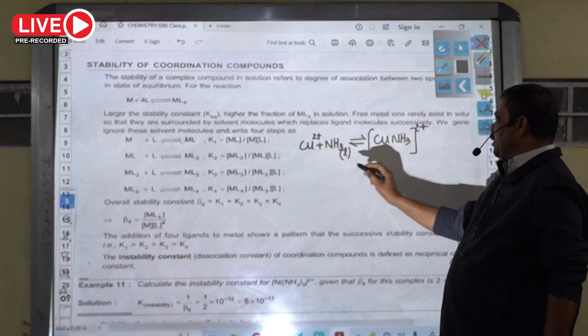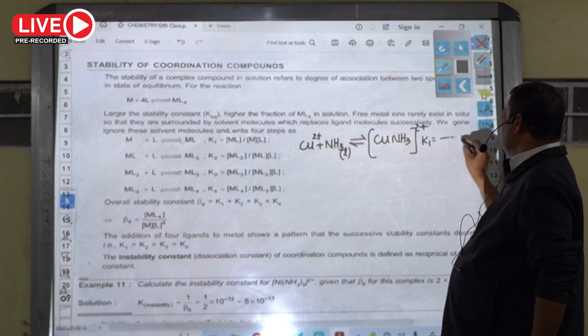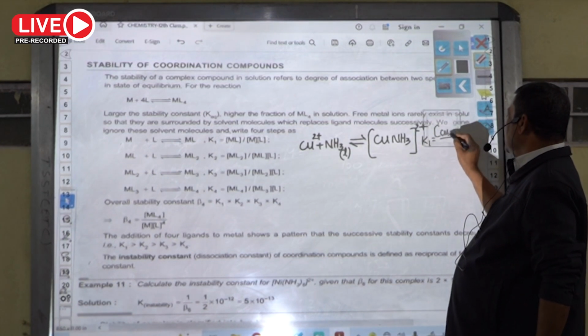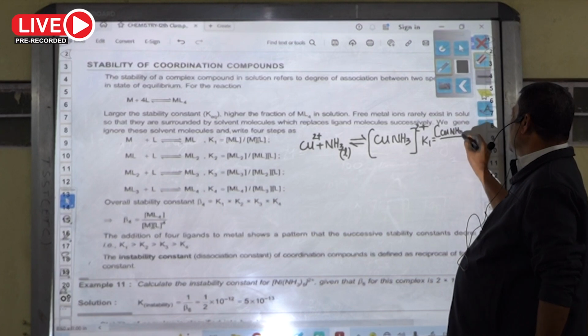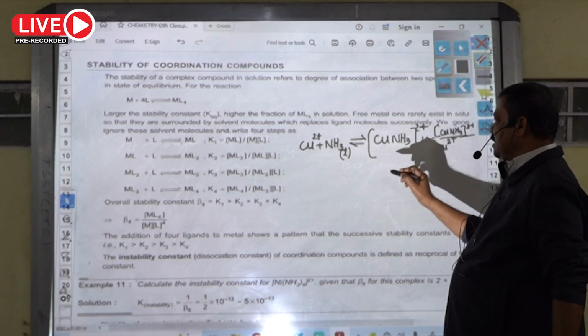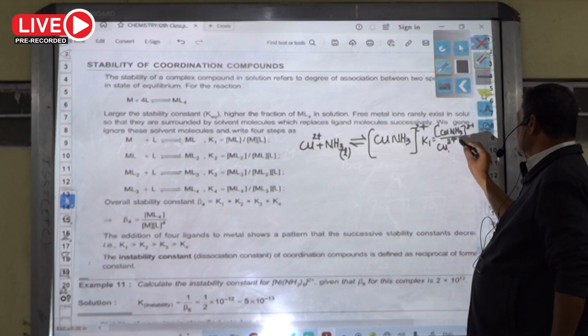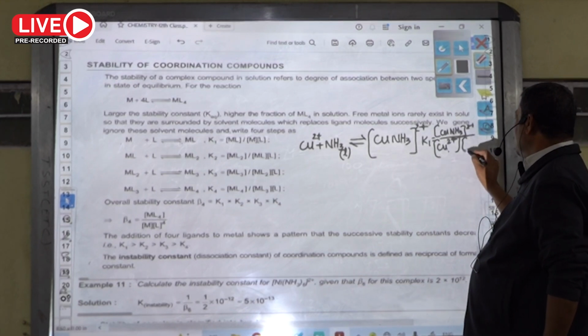Let us say the equilibrium constant K1 is equal to CuNH3 2 plus by Cu2 plus into ammonia concentration.